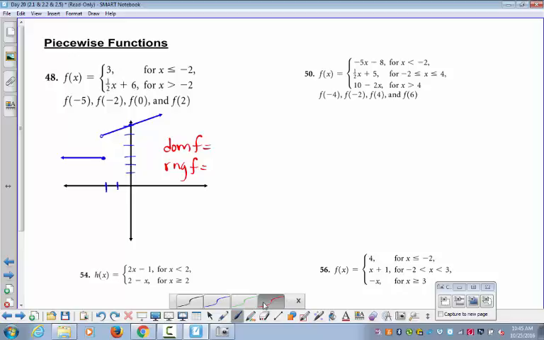For any x value that you pick, there's going to be a corresponding point on the graph. If you pick negative 2, there's the corresponding point. If you pick over here, there's your corresponding point. So every x has a corresponding point. So there's no x's left out, so the domain is the set of all reals, which you can write like that, or if you want to write it like this, you can do that also. Either way.